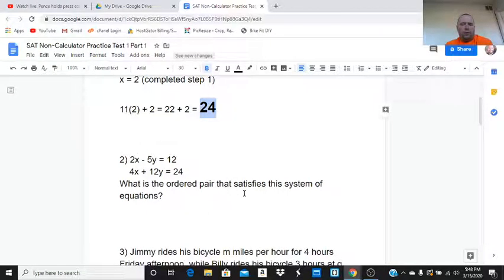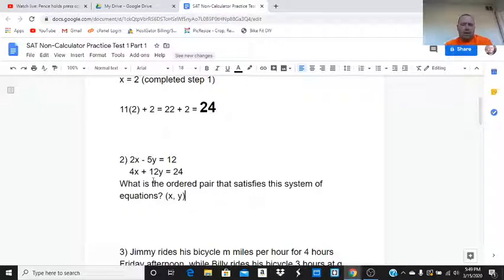All right. Let's go back to number 2. So what is the ordered pair that satisfies this system of equations? Okay, so to solve for the ordered pair, I'm solving for basically an x, y, basically a point with the x-coordinate and the y-coordinate. So I want to eliminate one of these, either the x or the y, and I'm looking at this top equation, and I realize if I multiply it by -2, I can add it to the bottom equation and eliminate x.